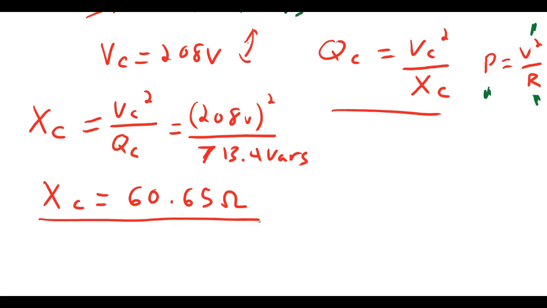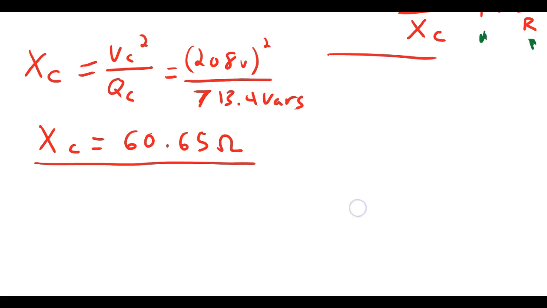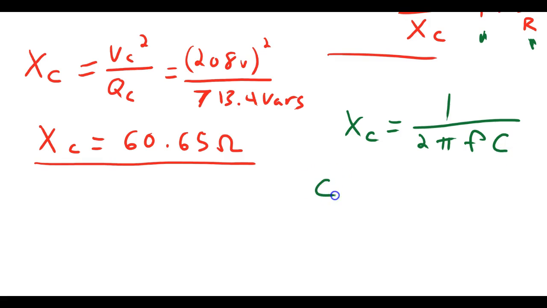We have been asked to find the size of the capacitor, which typically means in farads. And so from that, remember that if XC is equal to 1 over 2 pi F times C, then C is equal to 1 over 2 pi F times XC.